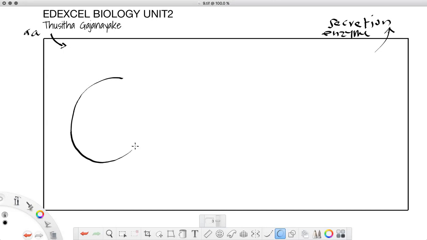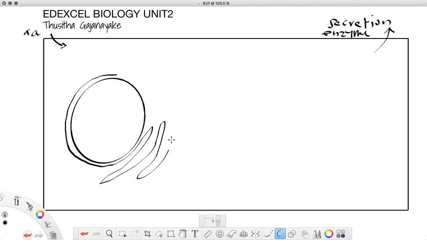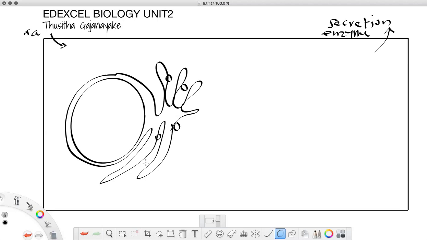That's the nucleus, and this is the endoplasmic reticulum. That's the rough endoplasmic reticulum, and these are the ribosomes. And this is the Golgi.